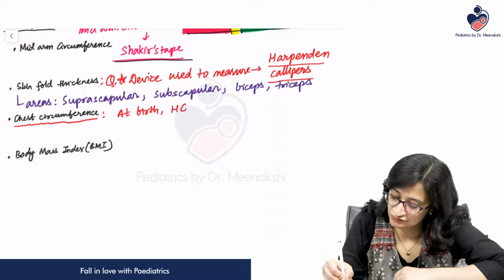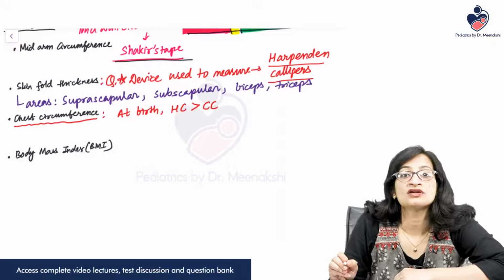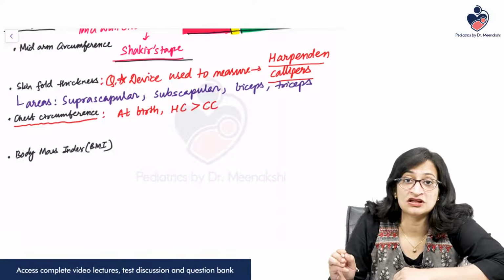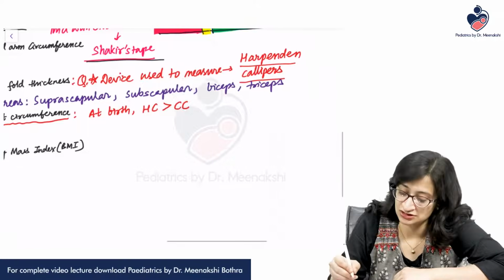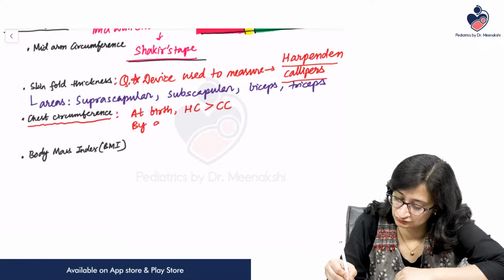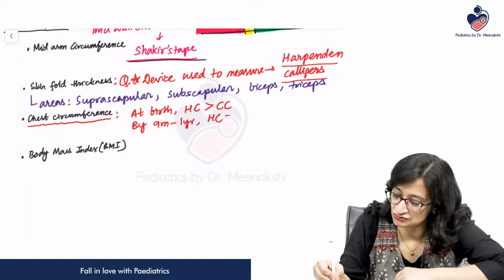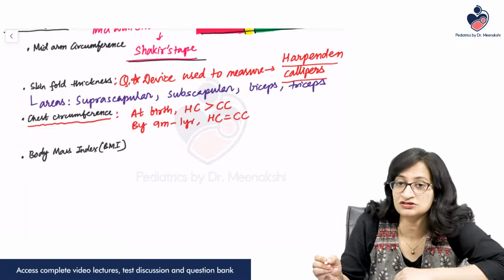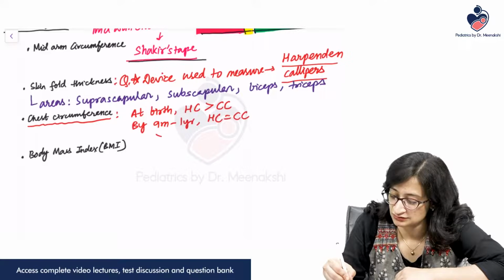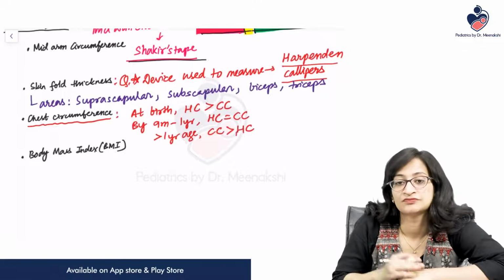By around 9 months to 1 year of age, the head circumference becomes equal to the chest circumference, and beyond 1 year of age, normally the chest circumference should be more than the head circumference. Okay.